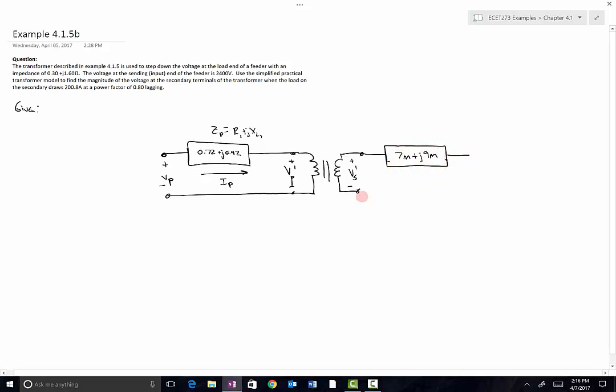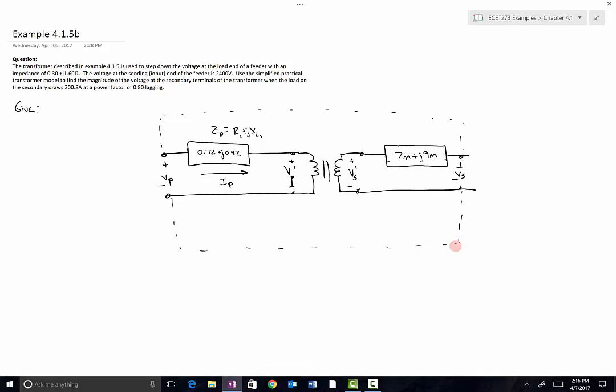And then the output of that right there is plus minus Vs, the secondary voltage. So I'll draw a dotted box right there to let you know that all of that circuit represents the transformer. So we've got that filled in.